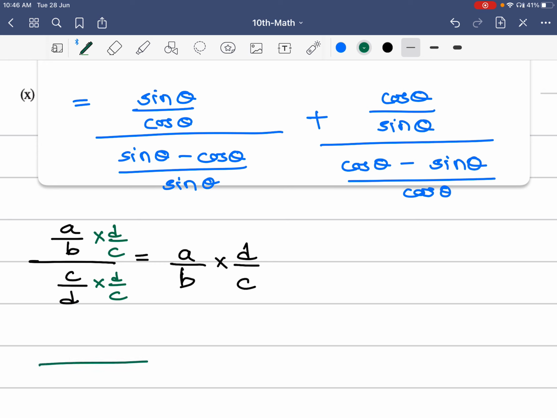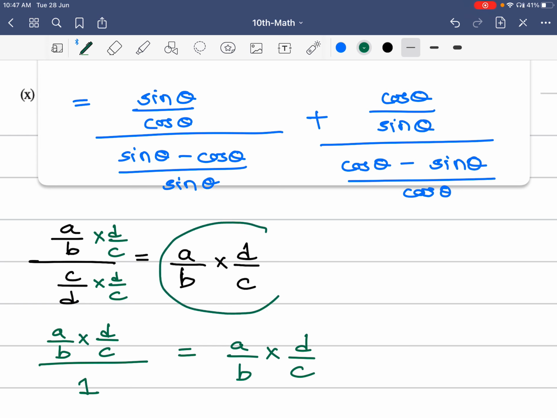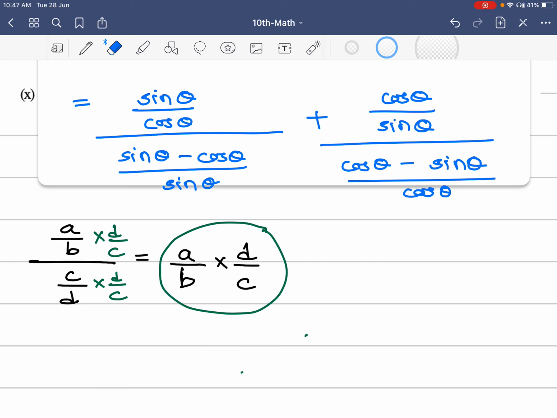So that will be 1 in the denominator, and the numerator will be a by b into d by c, which is exactly what I wrote here. So important point. Okay, let me try to erase this.